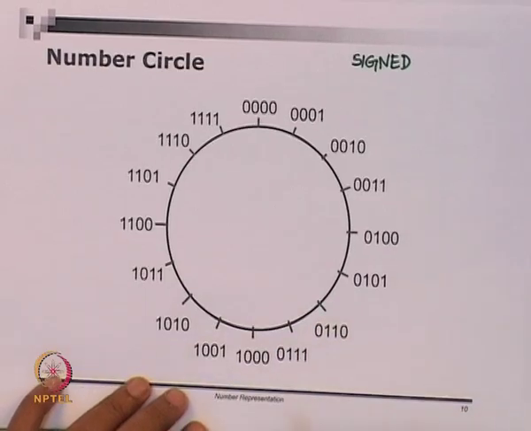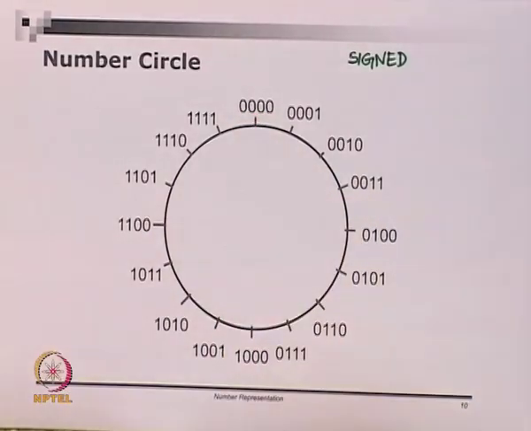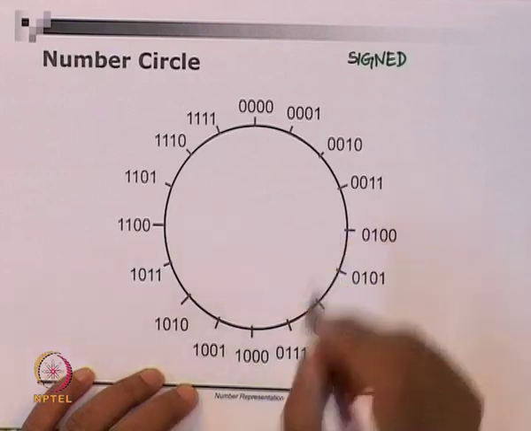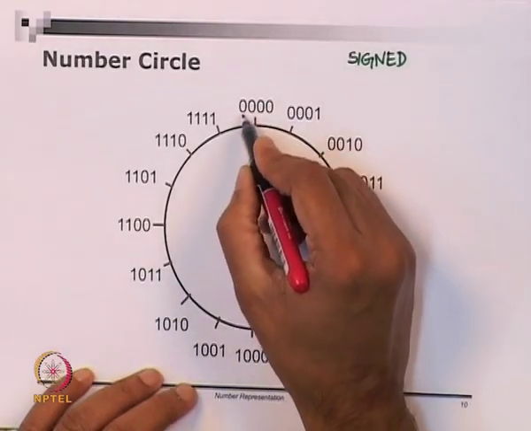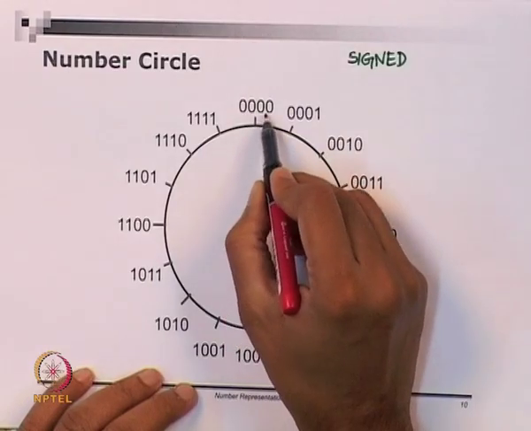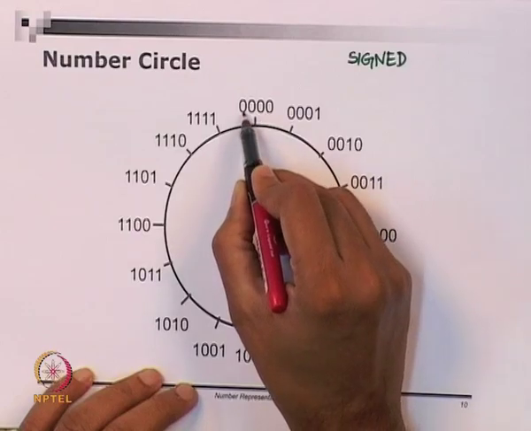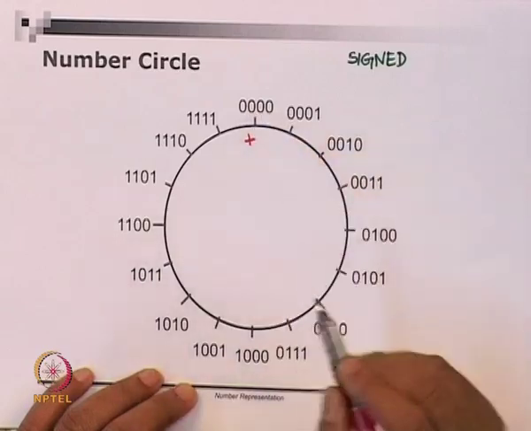But now if I want a signed interpretation for this, so the vector that is given is 0000, I want to see how to interpret it as a signed representation. So 0000 indicates that the first digit is a 0 and the rest are all the magnitude. So this 0 is for a positive number and you have 000.